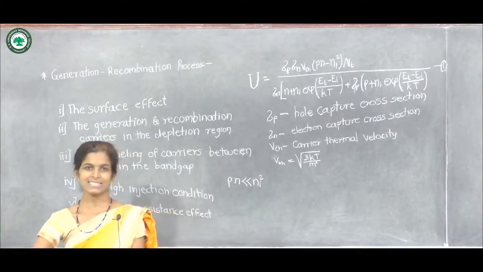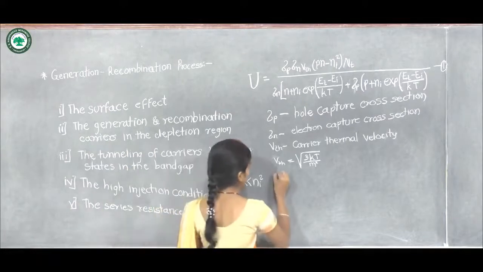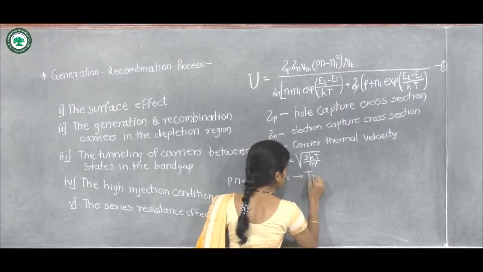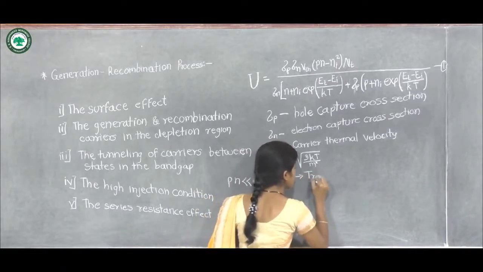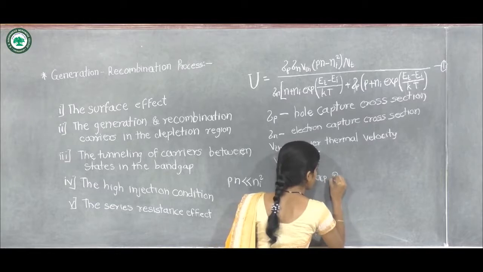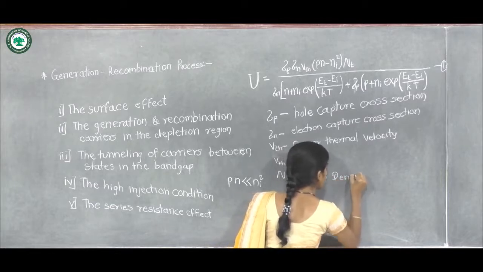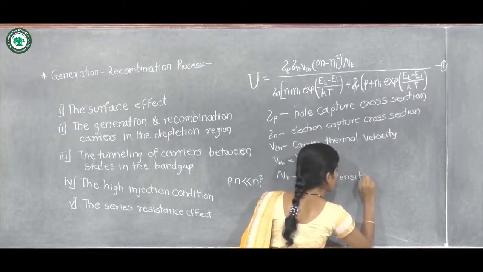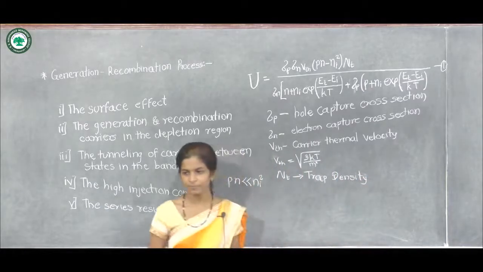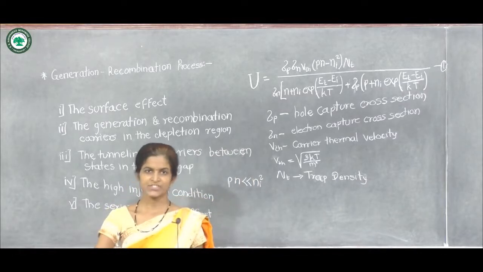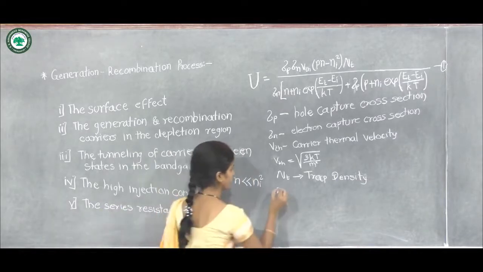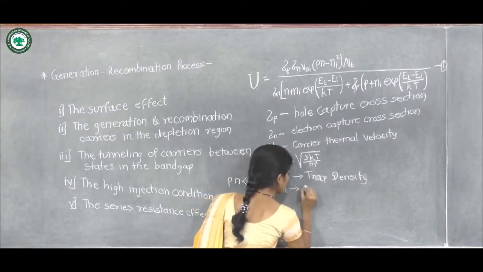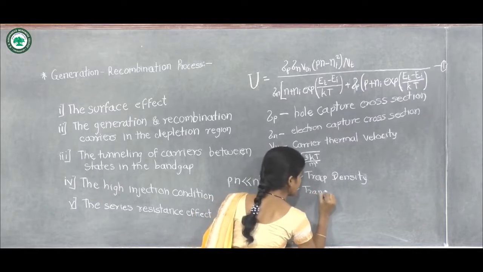Here Nt is the trap density, and Et is the trap energy level.